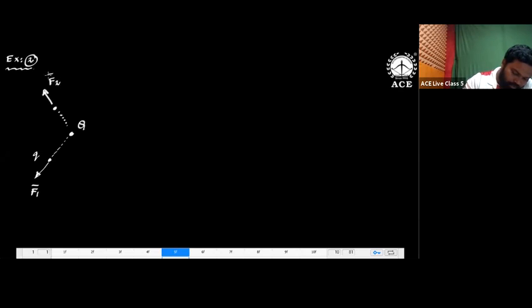F2. And here is a charge Q. Here it is F3.